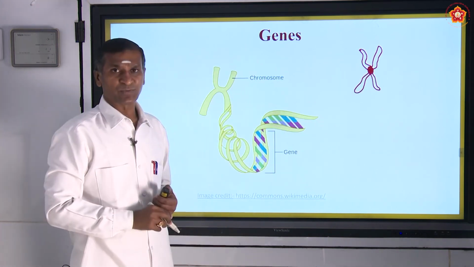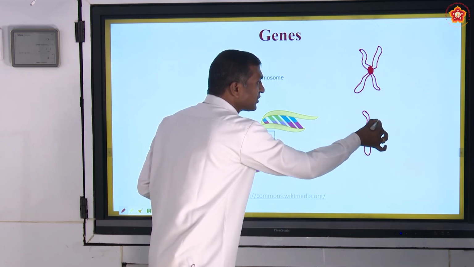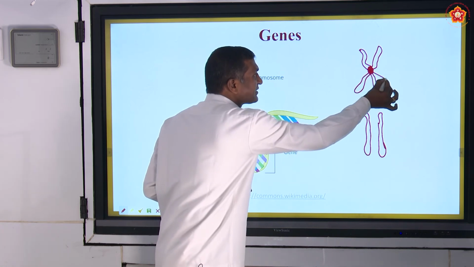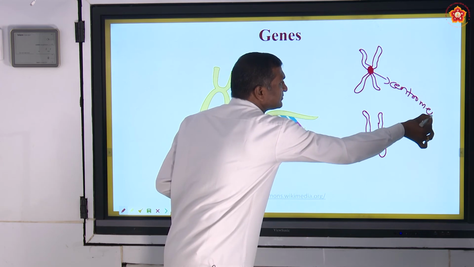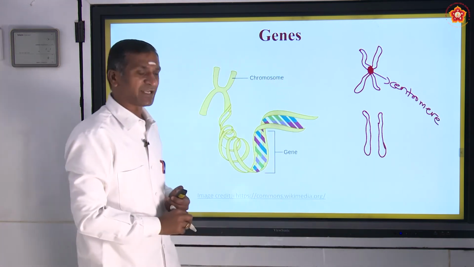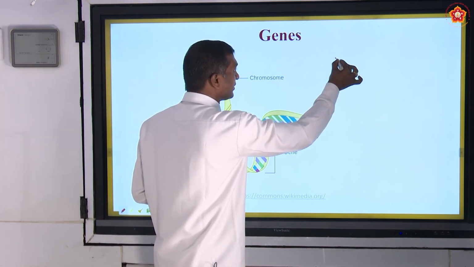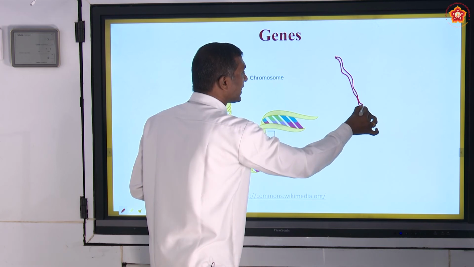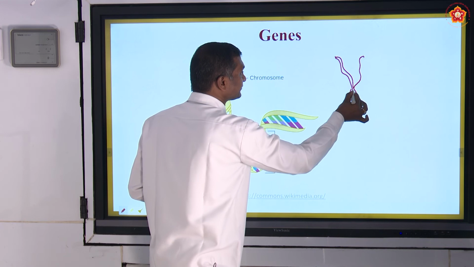This is a chromosome. A single one of these is called a chromatid. Here is one chromatid, then the other chromatid.